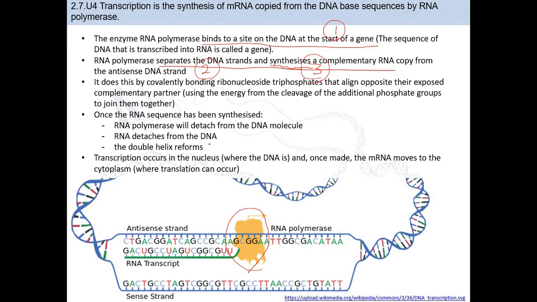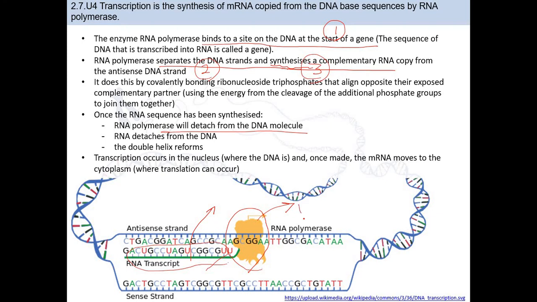Okay, once the RNA sequence has been synthesized, which is here, then what happens? The complex that has been created over here and the DNA, which has been separated in order to be transcribed, should go back to the original situation. RNA polymerase will detach from the DNA molecule, so it goes out, and then the RNA detaches from the DNA.